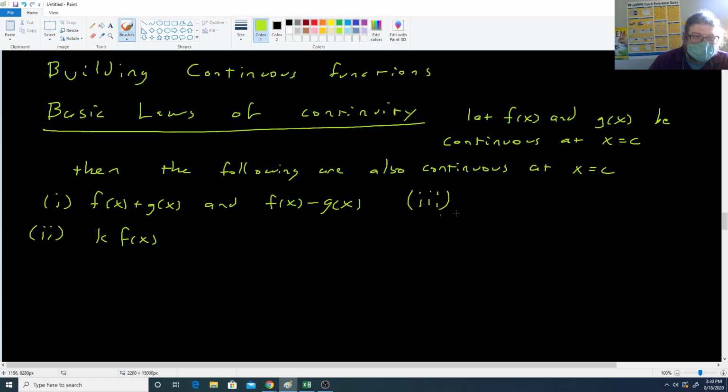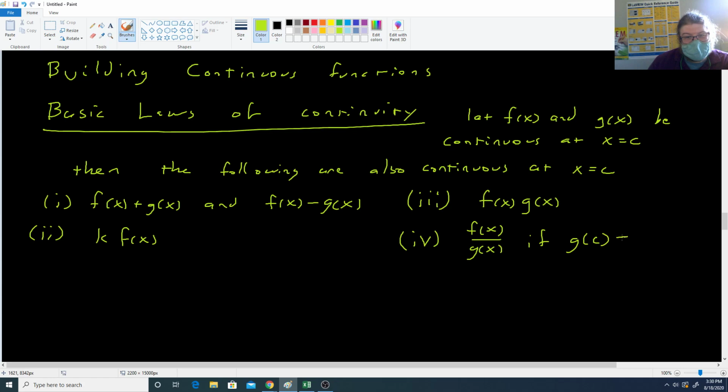Third thing, any product. So if f is continuous at c, g is continuous at c, then f of x times g of x will also be continuous at c. And the fourth thing is the division, as long as the one in the bottom is not 0 at c. So g of c cannot equal 0 because we don't want division by 0.